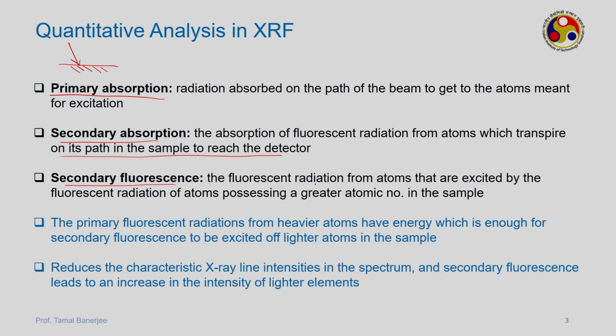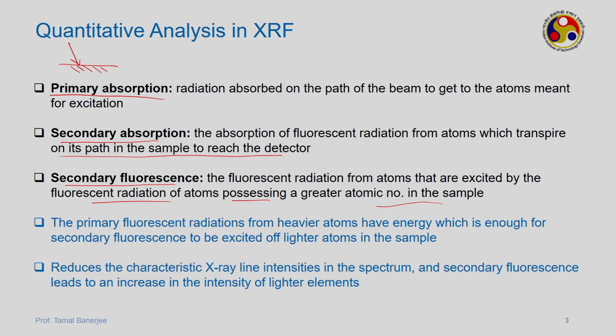Secondary fluorescence is the fluorescence radiation from atoms that are excited by the fluorescence radiation of atoms possessing a greater atomic number in the sample. Suppose you are hitting a beam onto a sample having a higher atomic number, and you have nuclei of lower atomic number surrounding it. While the characteristic radiation escapes, it may have sufficient energy to excite the nearby lower atomic number atoms. That is called secondary fluorescence.